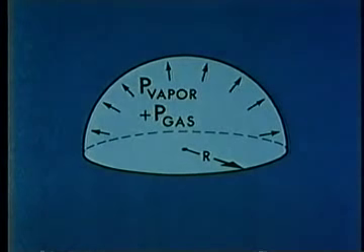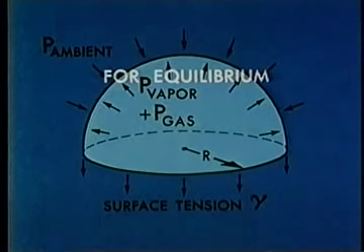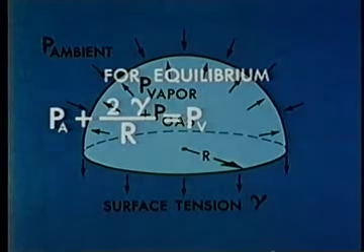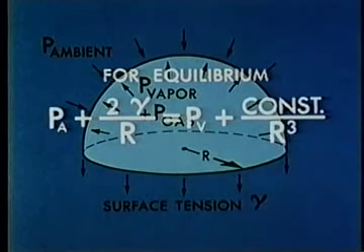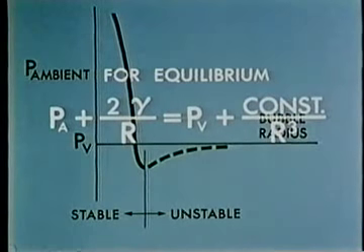Thus, the condition for static equilibrium is that the ambient pressure plus the surface tension pressure equal the vapor pressure plus the gas pressure. We've plotted this equation for a nucleus with a particular gas content. The pressure adjacent to the bubble has a minimum value which is below the vapor pressure of the liquid.